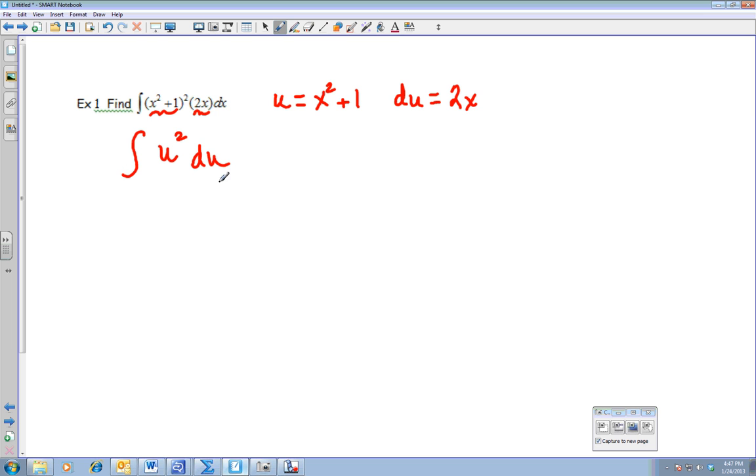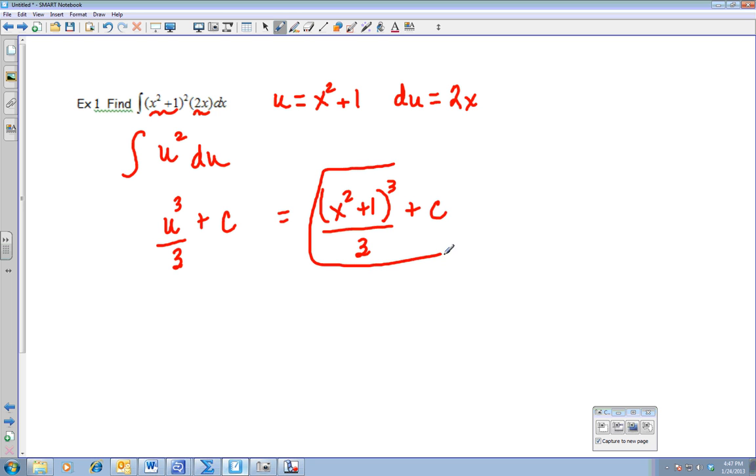Now this becomes a very easy problem to solve. If I want to integrate this, I add 1 to the exponent, divide by my new exponent, plus c. Once I integrate, I can substitute my u back in. So my u was x squared plus 1 to the third over 3 plus c. And that's it. That's my answer.